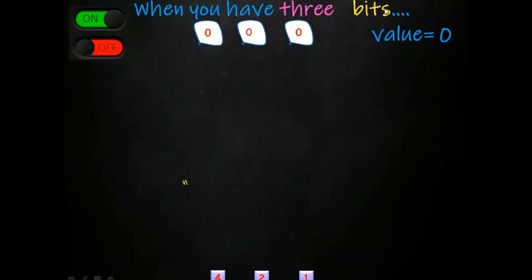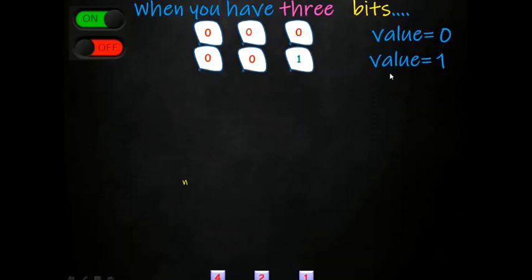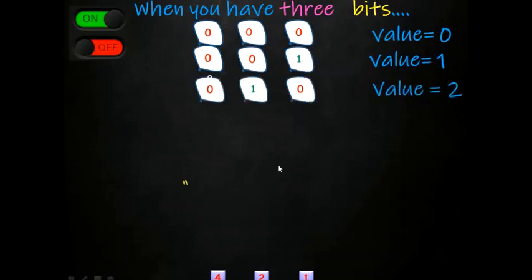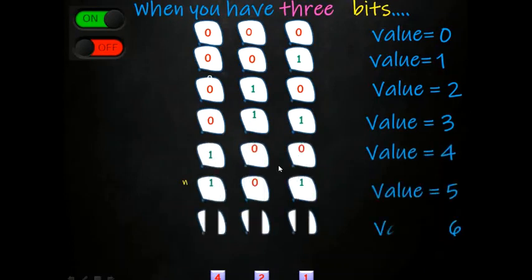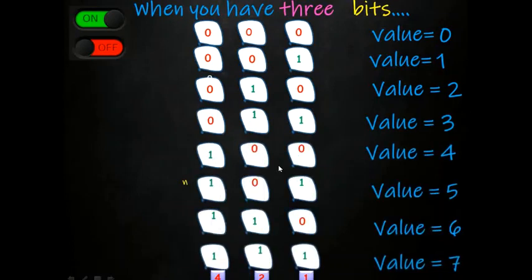When you have 3 bits, the minimum value you can get is 0. The next value is by setting this 1 and keeping the remaining 0. You get 1. Similarly, you'll get 2, 3, 4, 5, 6 and 7. So if you count, when there are 3 bits, that is n is 3, you get 1, 2, 3, 4, 5, 6, 7, 8. 8 values.